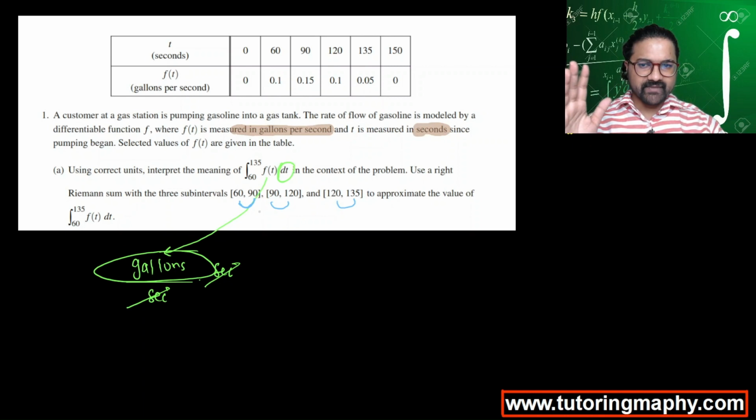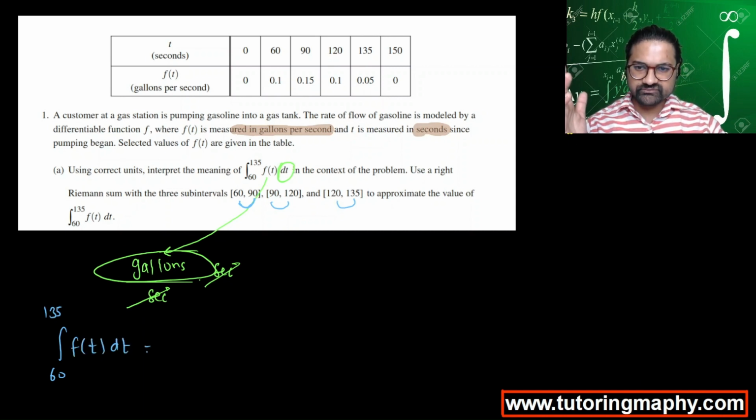So that's fine. There are three subintervals, so we just have to find the area of each rectangle. So the integral from 60 to 135 of f(t) dt, we are going to interpret the meaning of it as well once we find the value.